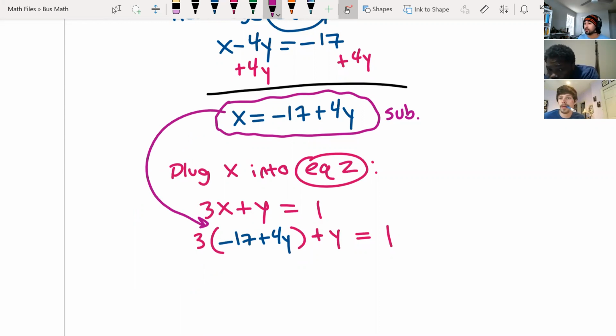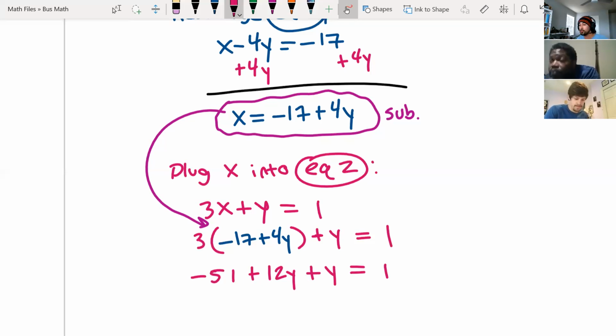So we're going to distribute that 3. So 3 times negative 17, what is that? Negative 51, plus 3 times 4y, we'll get 12y, plus the y that's out here, equal to 1.